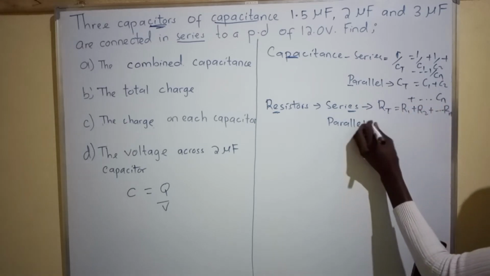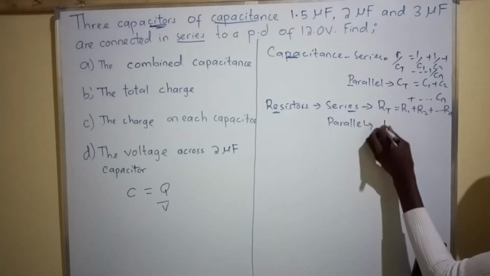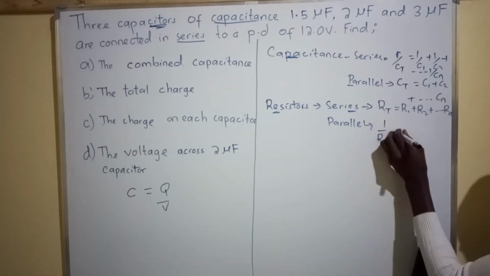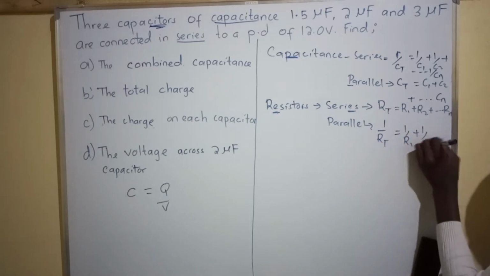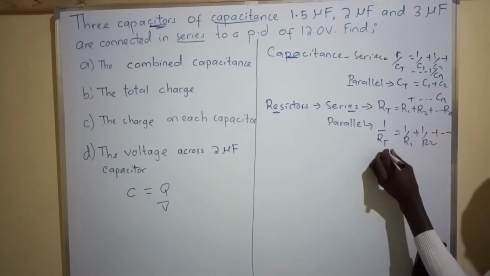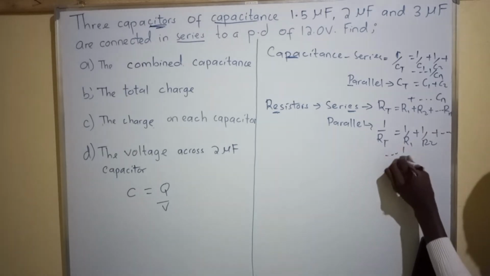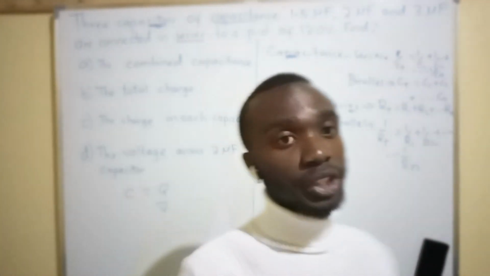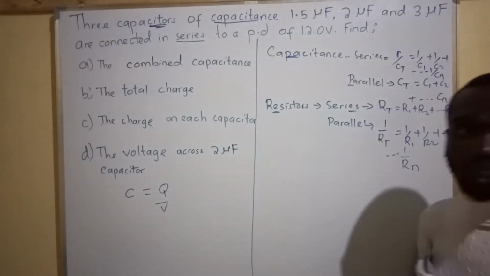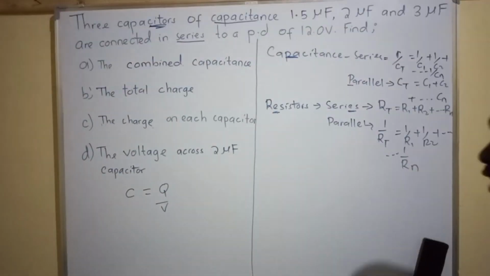The same thing, now parallel, is vice versa: 1 over RT is equal to 1 over R1 plus 1 over R2 plus up to 1 over the last one, Rn. Now, that is the simplest way to master whether you are going to use the reciprocal one or the linear one.